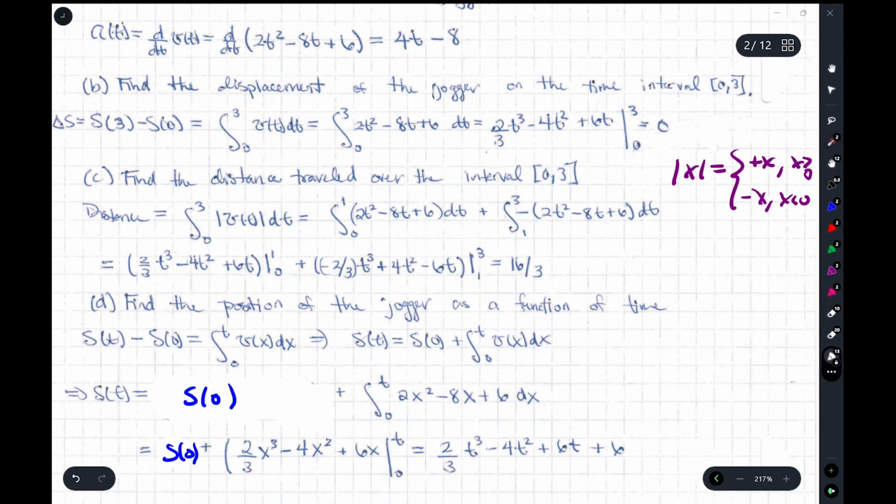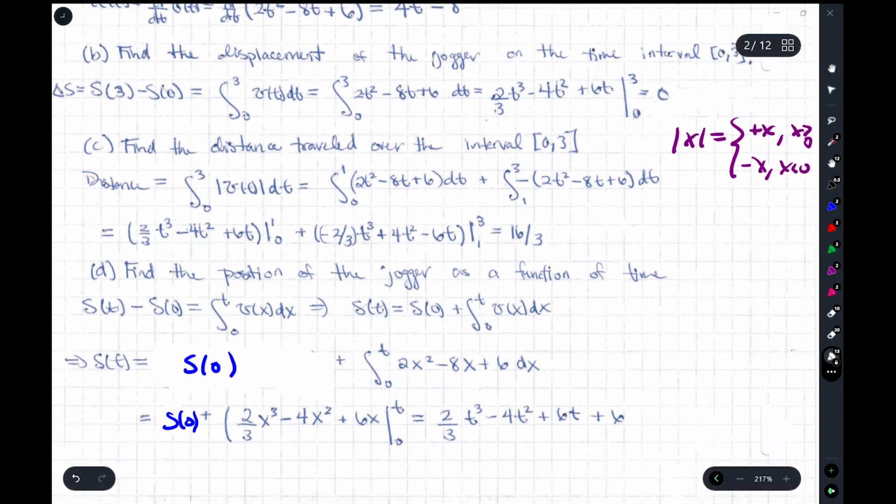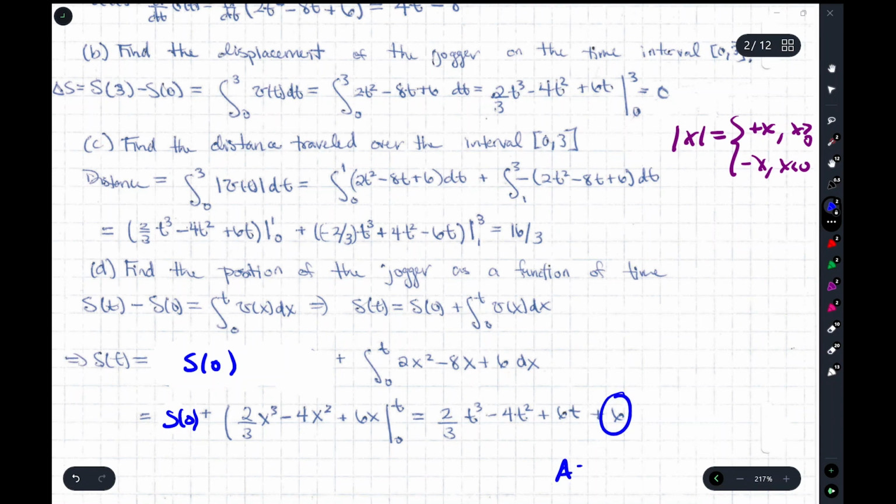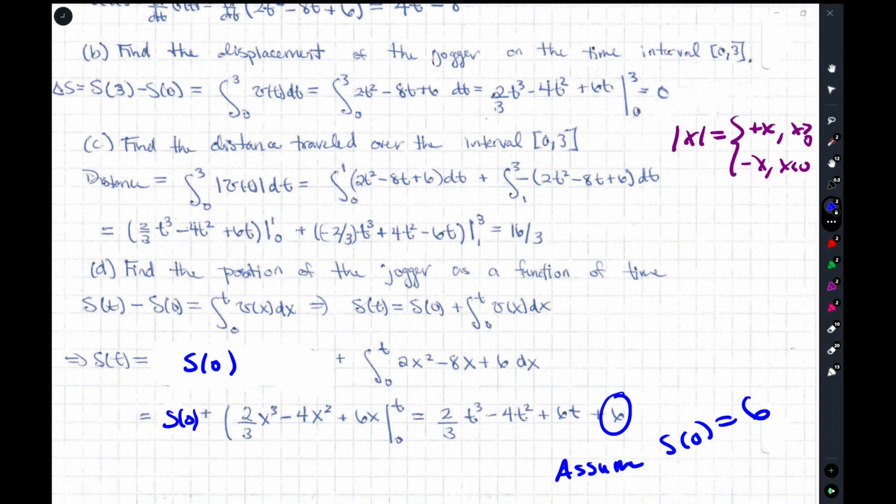And if we, for example, after getting this result, assume s of 0 equals 6, then we'll have that result. Okay? So we did need to know a certain position given a time.